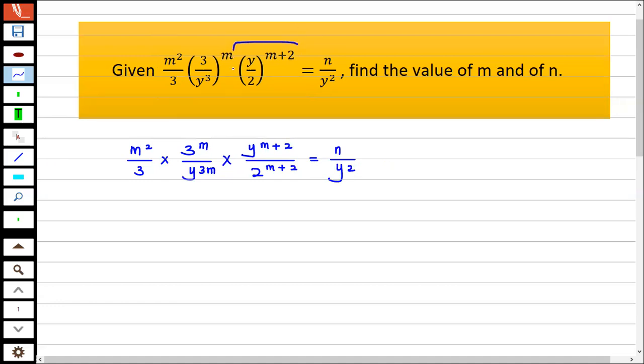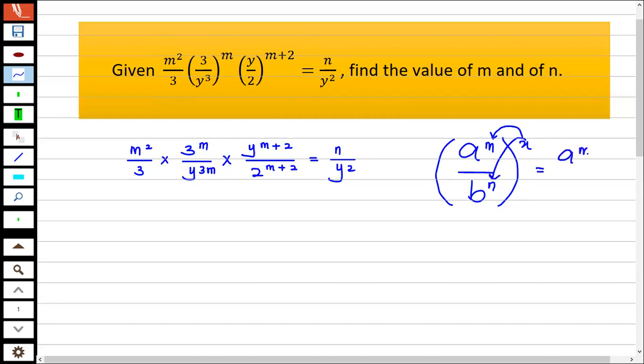Those who are still having a problem here, it's like this, guys. Let's say you have a simple example, a to the m over b to the n, and outside you have x. All the indices must be multiplied. This one must multiply with x, this also must multiply with x. So you're going to have a to the mx over b to the nx. Understand?